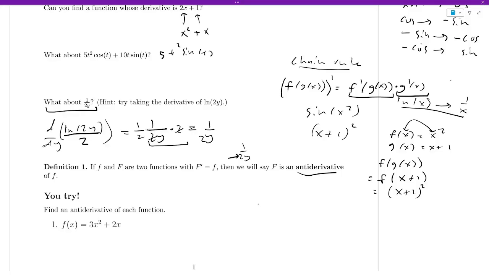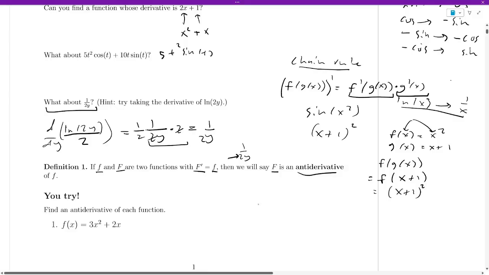So if I have two functions, I'm just calling them little f and big F. If I happen to have that the derivative of big F is little f, then I call big F an antiderivative of f. So little f is the derivative of big F, and big F is the antiderivative of little f. So a lot of this class we're going to be finding antiderivatives, and I'll just use this language, find an antiderivative, and I mean do this process we've been doing.